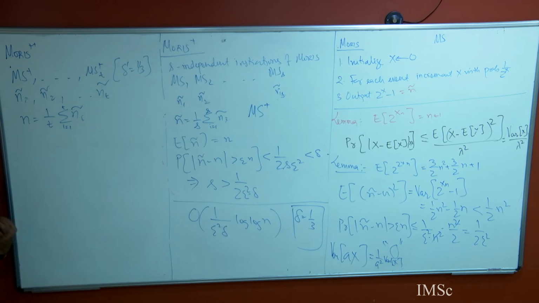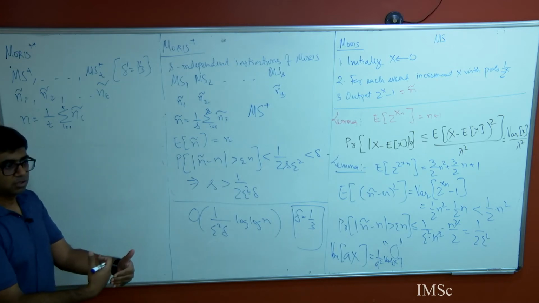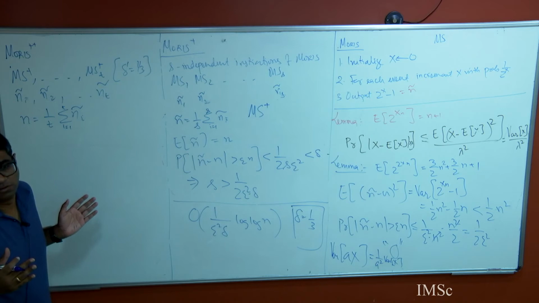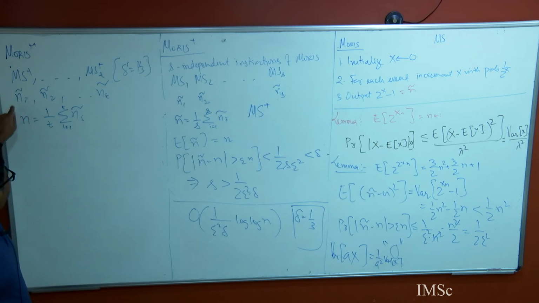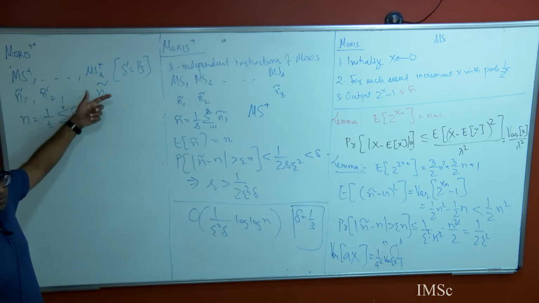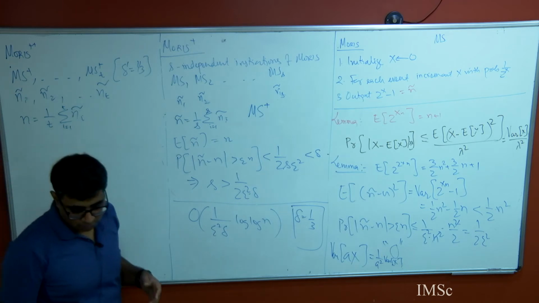Now you ask yourself, look at this: I say that this MS plus has failed if it should have returned me within the epsilon bound, but it did not. So what is the expected number of times that I will succeed? Let me make it more formal.